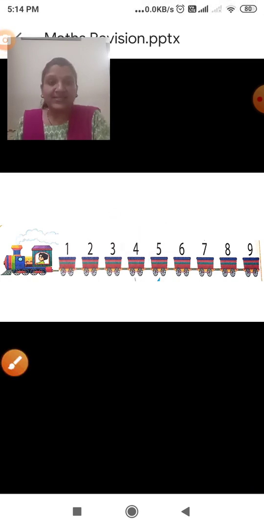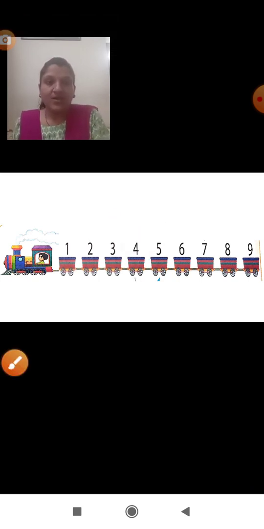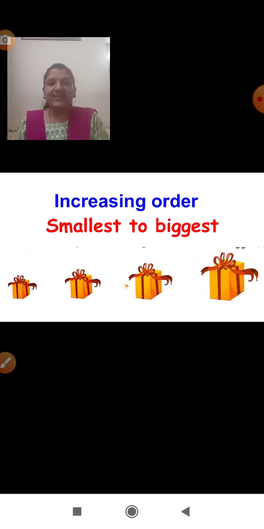Which was the next concept? Increasing order. Very good. Ordering of things or numbers. Now here we say these gift boxes are arranged from smallest to biggest as per their size. This is called increasing order. Right?